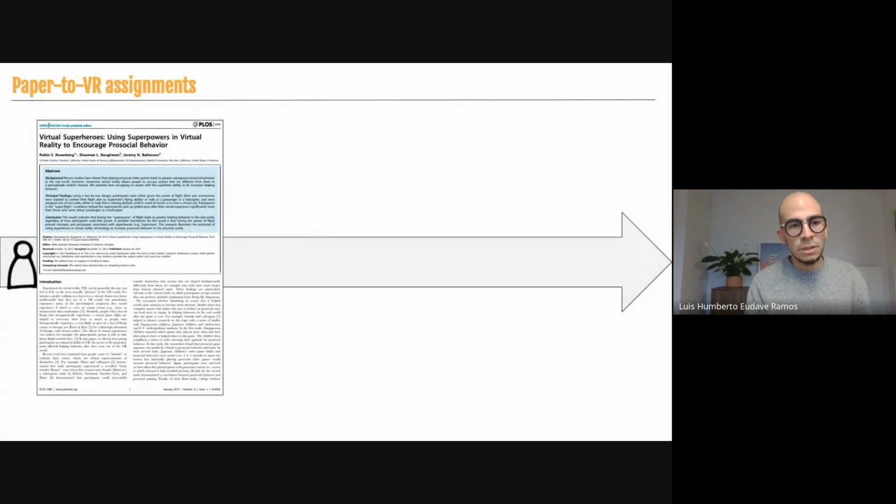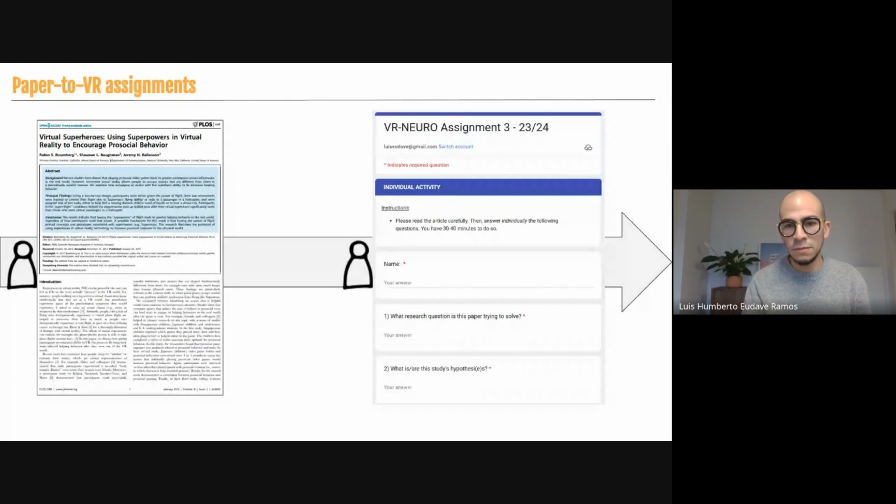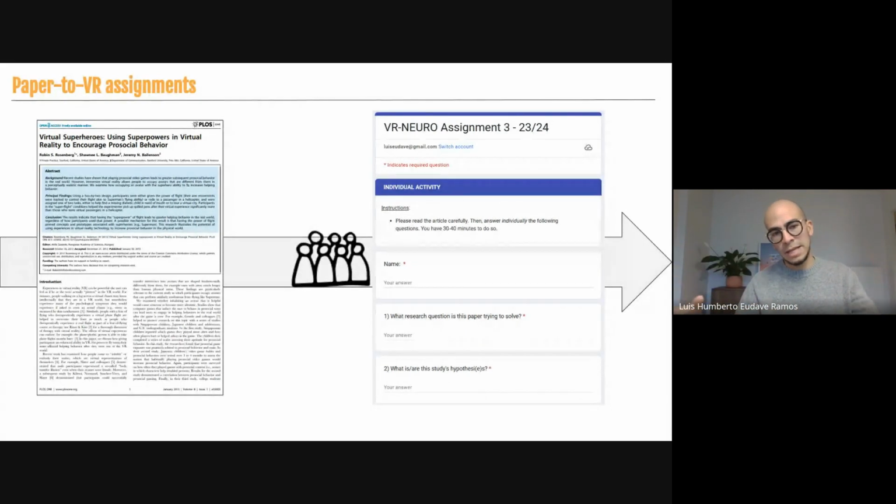So what I do in this activity, which are the paper to VR assignments, is we all gather and read a research paper that has to do with virtual reality on a specific subject. And then after that, we do a group-based activity where we have to answer some questions related to the paper. So my students have to do this first individually and then as a group, and then we compare all answers and see if we all got it right.